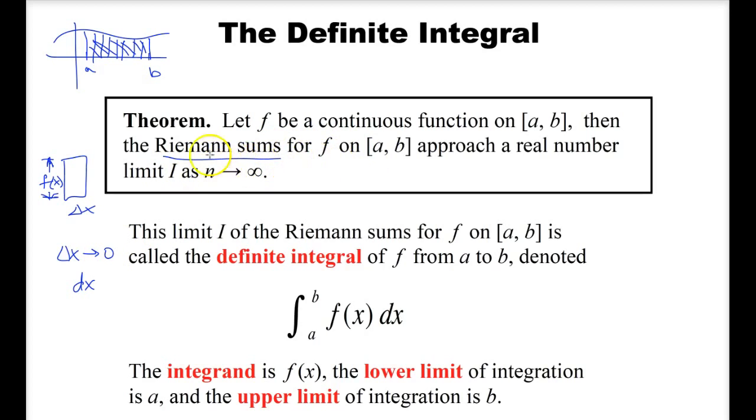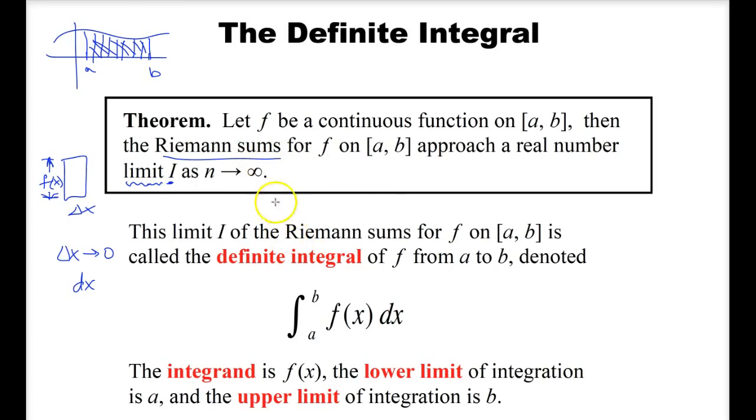Then as it approaches that, the behavior of the sum of these areas of rectangles tends to go towards some real number I. And of course, we're trying to describe the behavior here, and that's why the word limit is there.